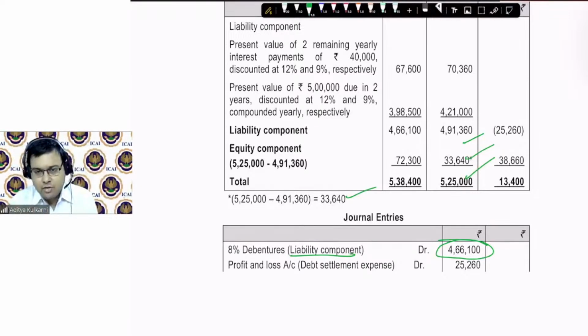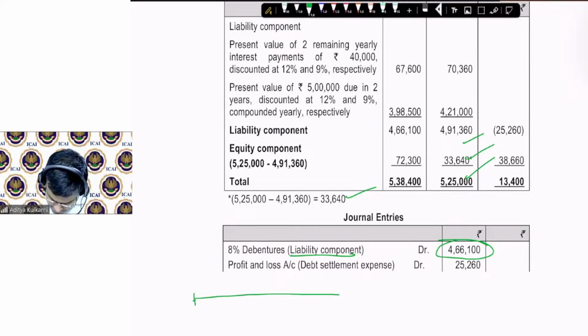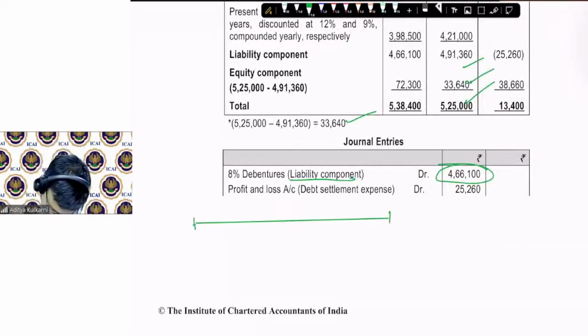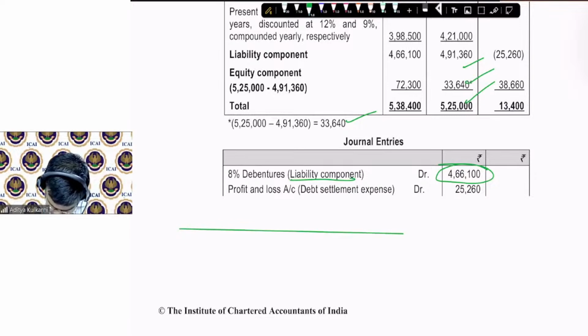So why is there a difference? Suppose this is the life of the bond, a 5-year life of the bond.